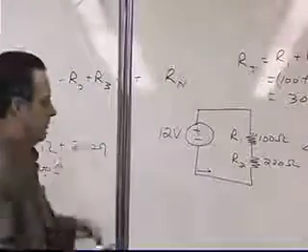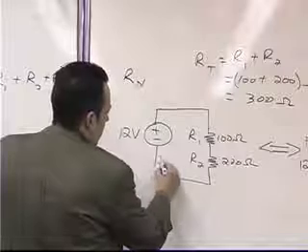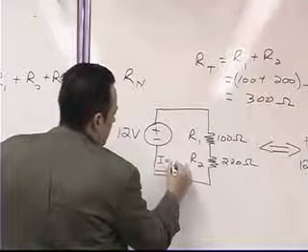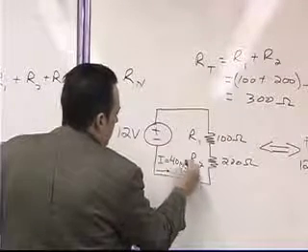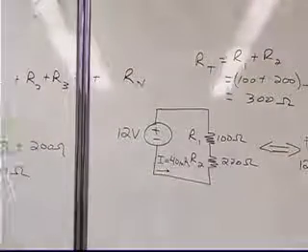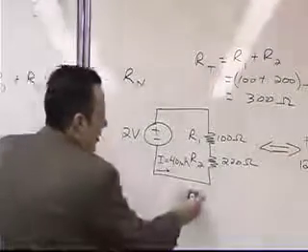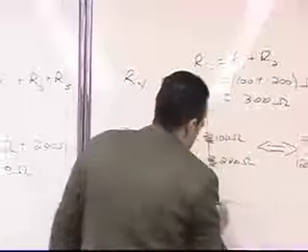No difference. The current here would also be equal to 40 milliamps, and that's why these are called equivalent circuits.